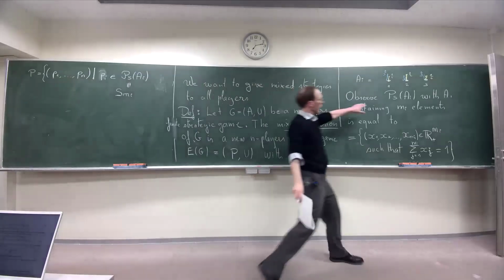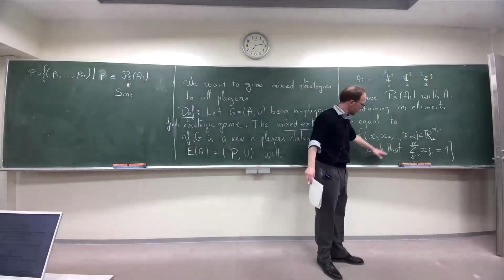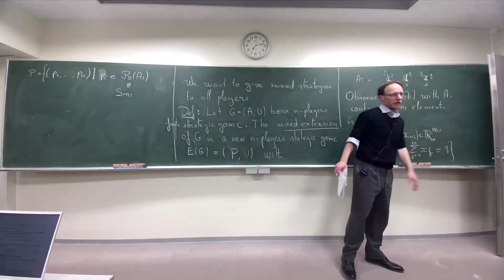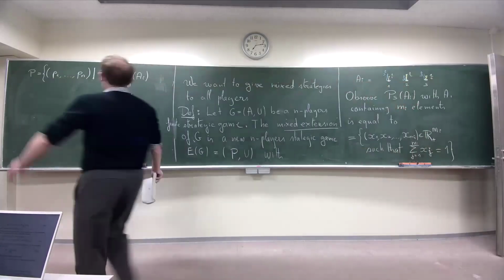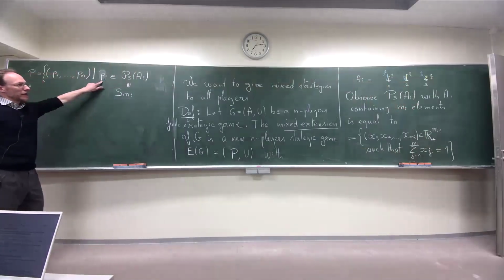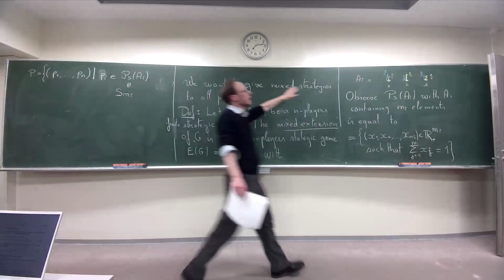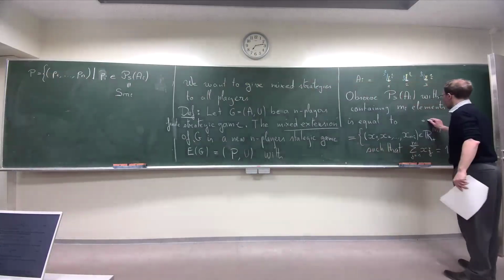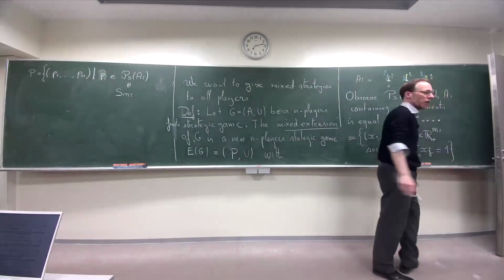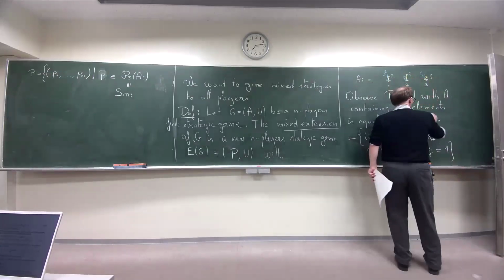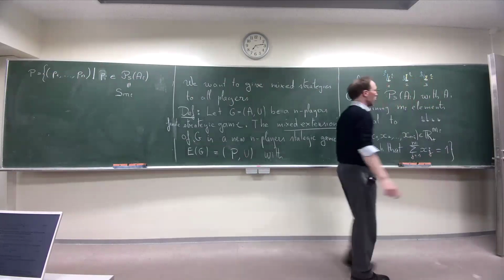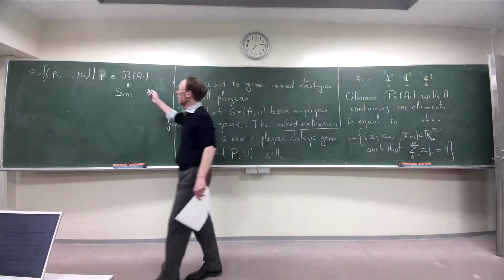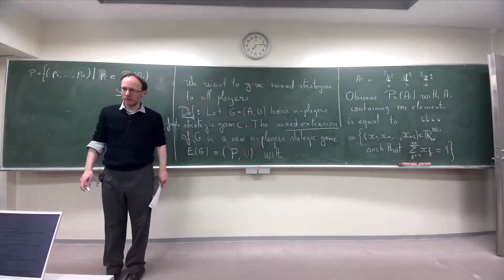I told you I identify this set with simply a subset of this vector space. So the first player can take any of these functions. Then another player, let's say the second player who has 4 possible pure strategies, can take any function summing up to 1 on these 4 points. So each player can now take any mixed strategy.